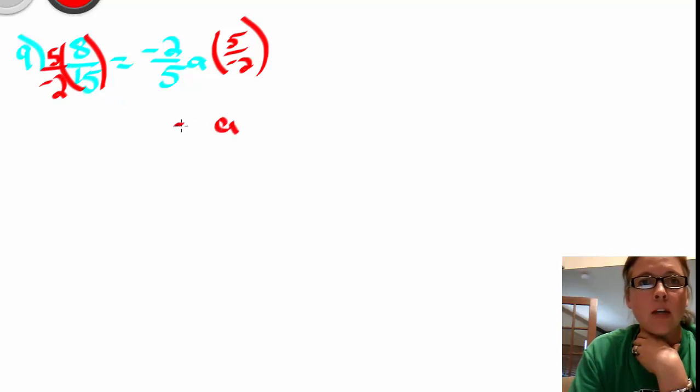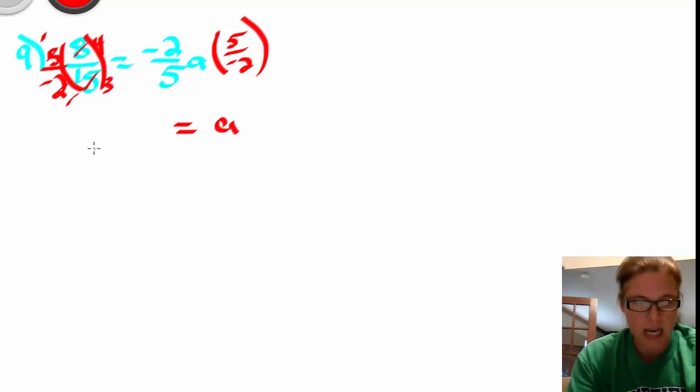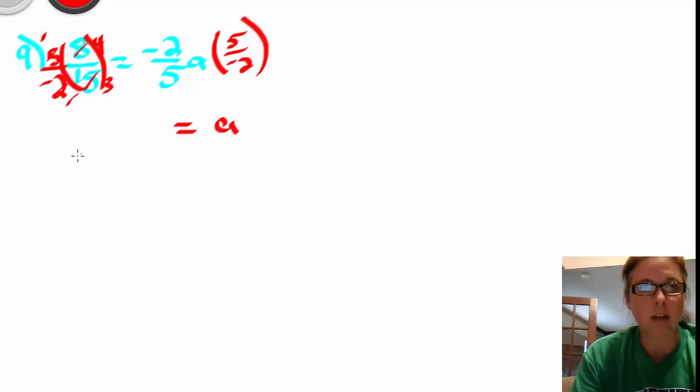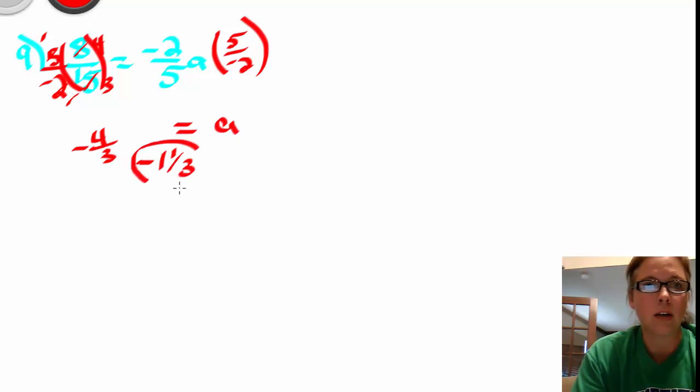Okay, and you can reduce this. This is 1, this is 3, okay, this is 1, this is 4. So it should be negative, if I did everything right, negative 4/3, which is the same as negative 1 1/3 equals a. Okay, you just got to keep reducing.